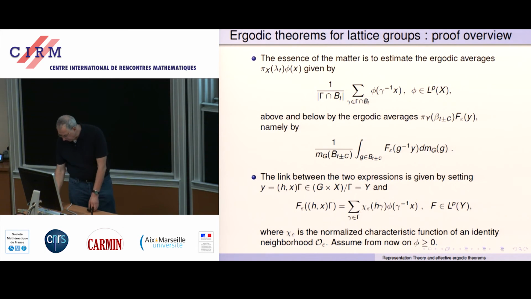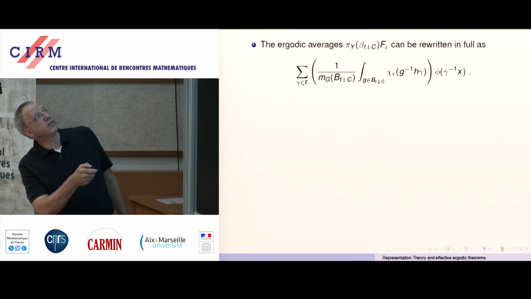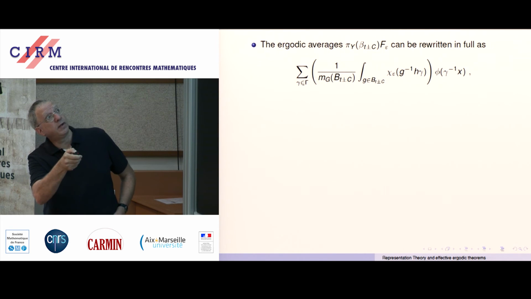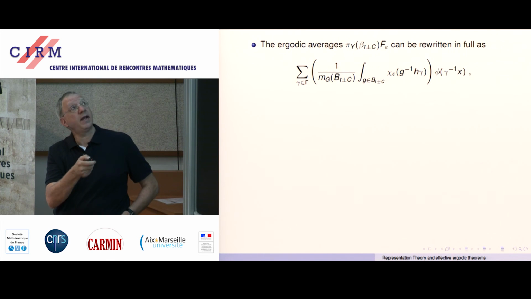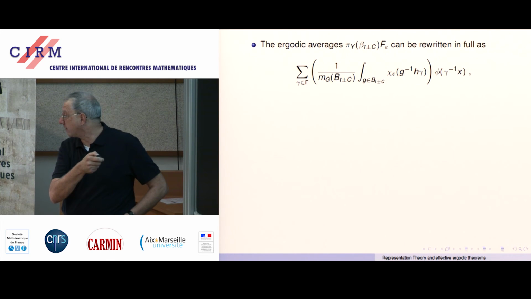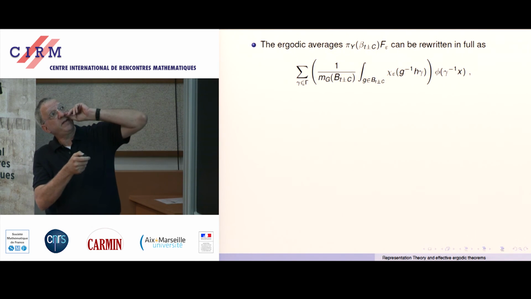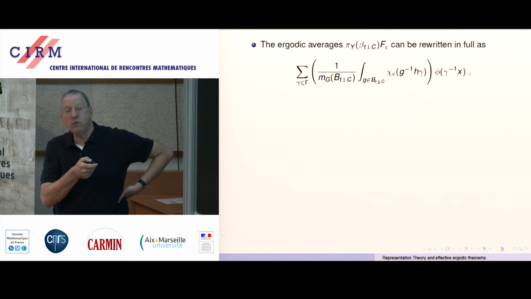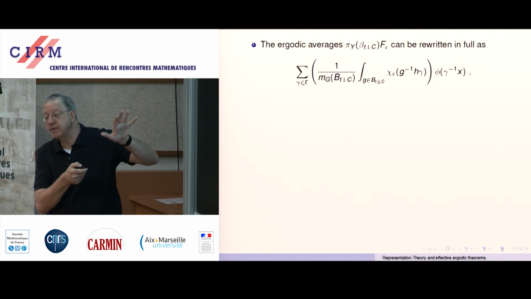And so we assume phi is non-negative, and now the ergodic averages pi y beta t plus minus c f epsilon can be rewritten in full as the following expression, where again I put the sum in the back. Now you see, we are actually very familiar with this expression already. This is precisely the expression that we had before, and we understand that it has these very simple geometric comparison arguments.